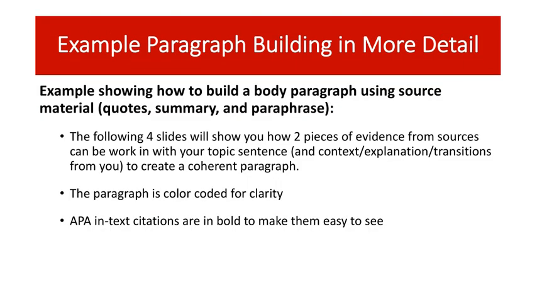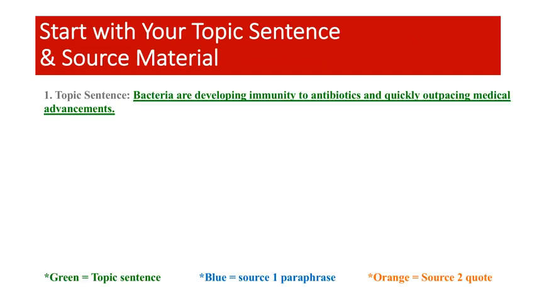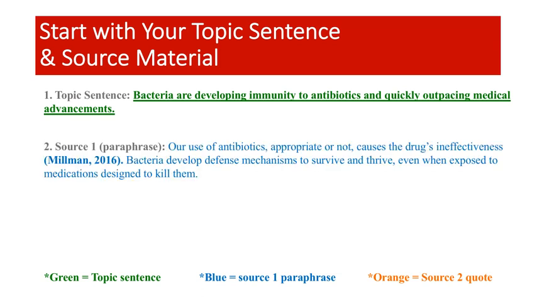So I'm going to show you another example here of how to build a source, and I'm going to show you in a little bit more detail why you need to provide that context and explanation and connecting material. Okay. So the topic sentence for this paper, totally different paper because it's a totally different topic: bacteria are developing immunity to antibiotics and quickly outpacing medical advancements.